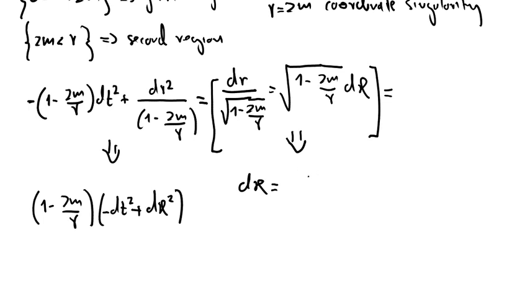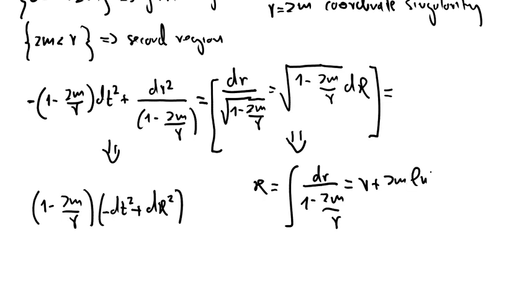So this is just an integral. You can just check that the result of this integral is given by this expression. And by looking at this expression, we realize that big R varies within an infinite range.